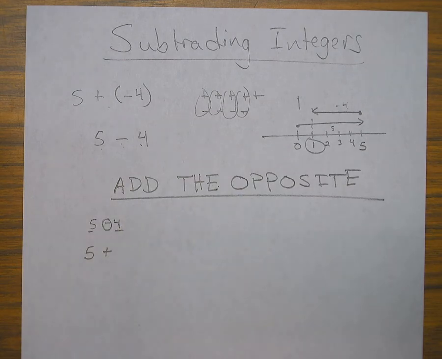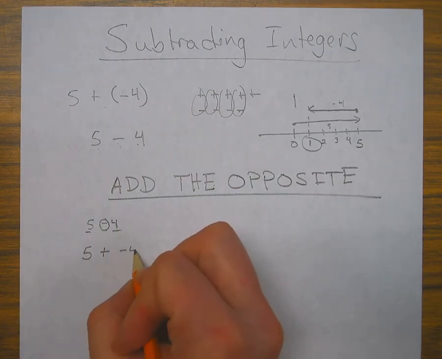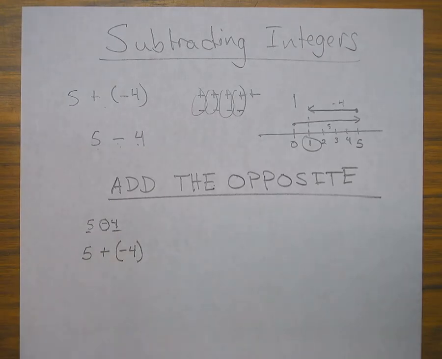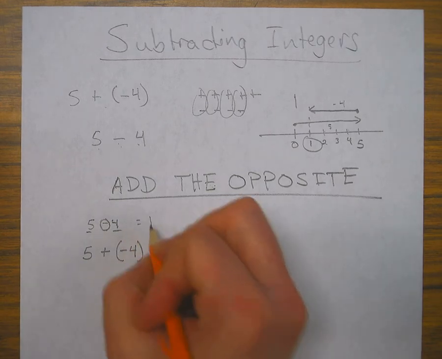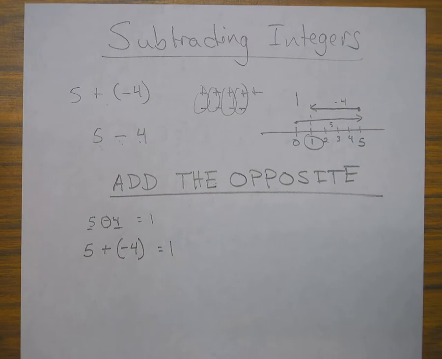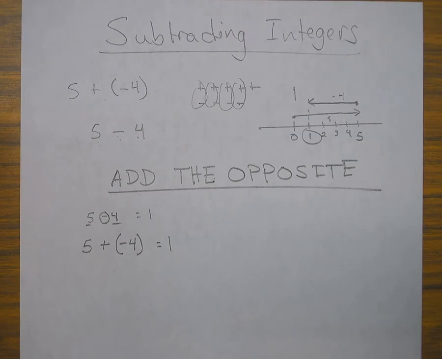Well, the opposite of positive 4 is -4. So I can change it back to this problem here. And these both give you the answer of positive 1. So that is what we are going to be working on today.